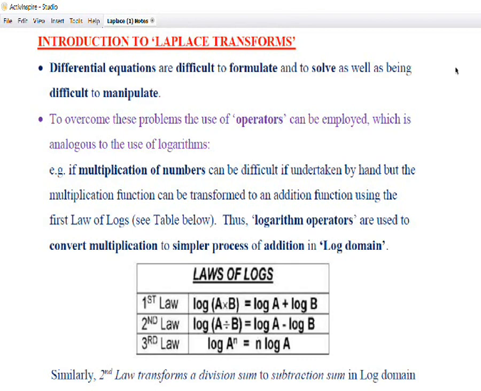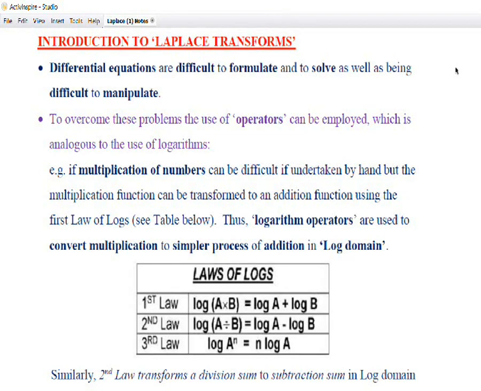So what's happened is we move from the left to the right hand side of each law of logarithms. We're actually simplifying the operations. What was a multiplication sum in log domain becomes an addition sum. What was a division sum becomes in log domain a subtraction sum, and what was a power function in log domain becomes a multiplication function. So the principle behind the laws of logs is to make arithmetic operations simpler to do.